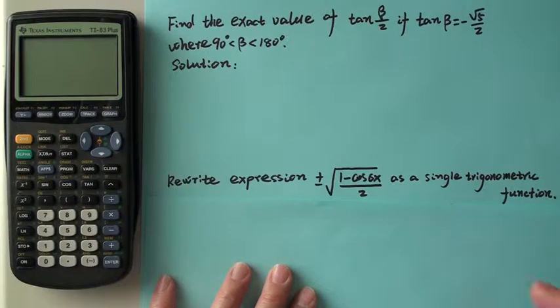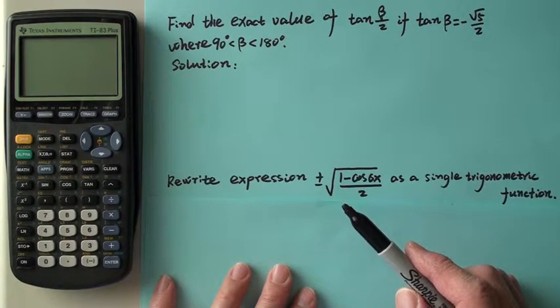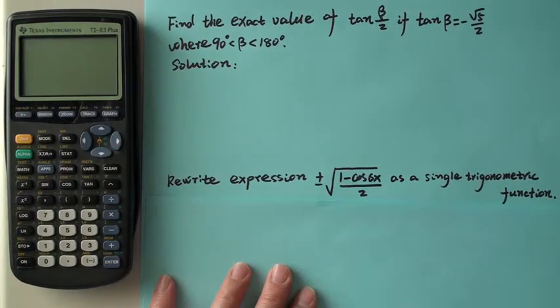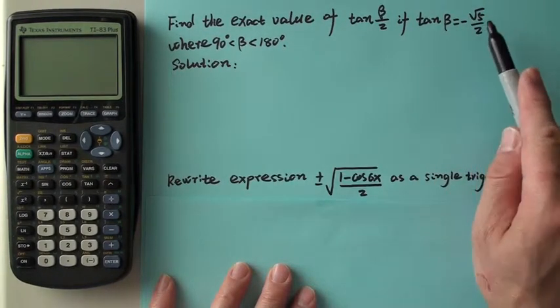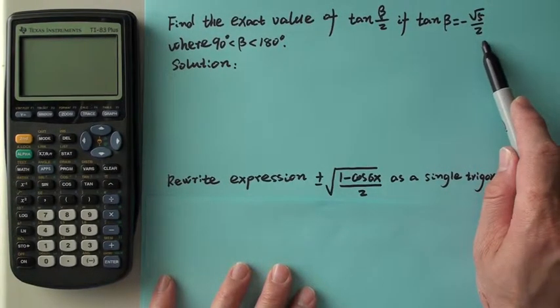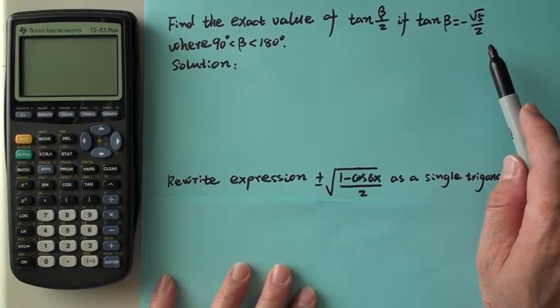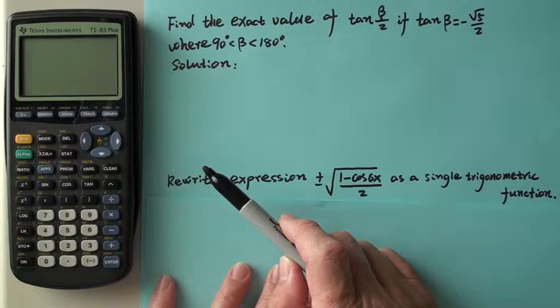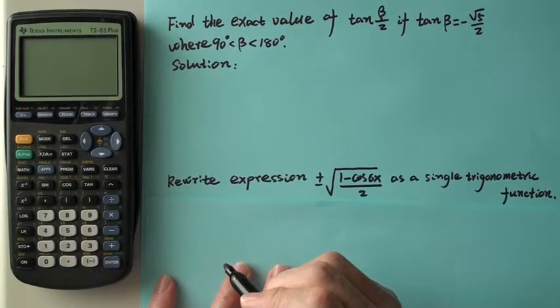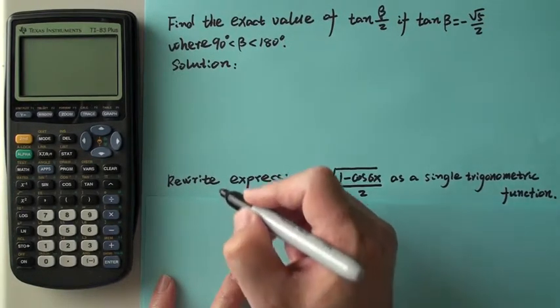They involve sine beta and cosine beta. So based on tangent beta equals negative radical 5 over 2, we want to find sine beta and cosine beta. Okay, now let's do that.